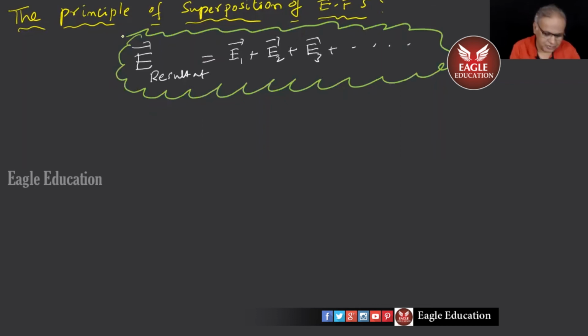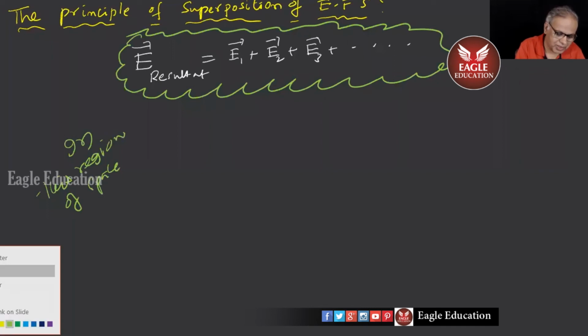What does it mean? Look, in this region of space, I have many charges, many point charges.